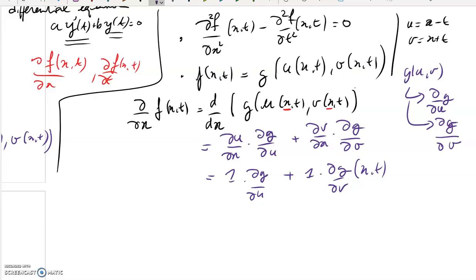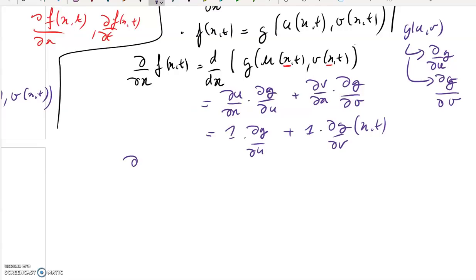So let's do the same thing for the second order partial derivative of f. What do we have to do? We just have to differentiate again. I'm going to use straight d because I'm applying the differentiation on this side of the equation, which is again a function of u and v, which are both depending on x and t.